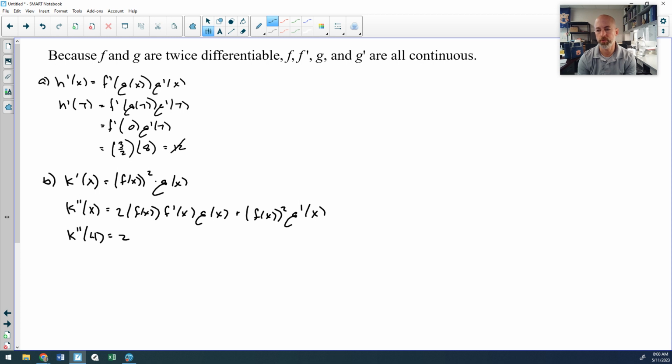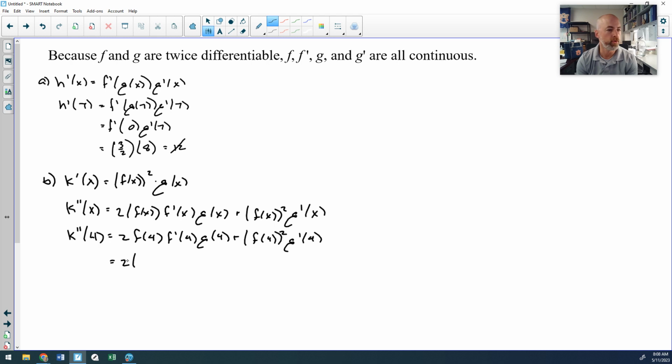Which is 2 f of 4, f prime of 4, g of 4 plus f of 4 squared, g prime of 4. And I need to work this out until I get to a point where I know this is positive or negative.